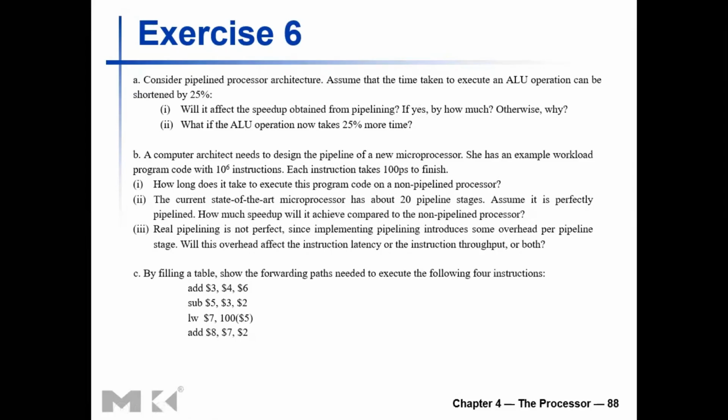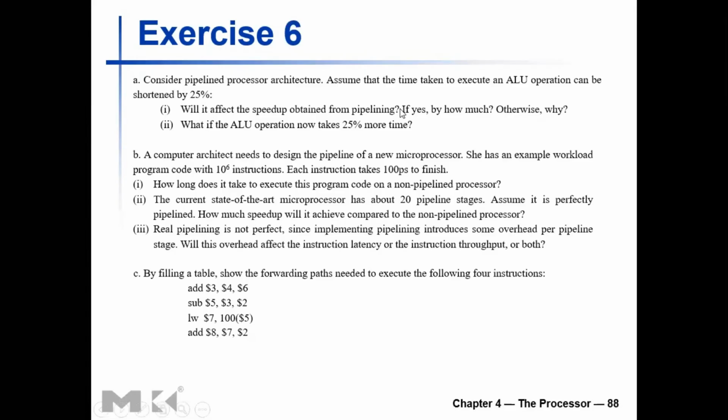So you see that there can be some optimization done to the ALU, which will shorten the time by 25% for that particular stage. Will it affect the speed up obtained from pipelining?